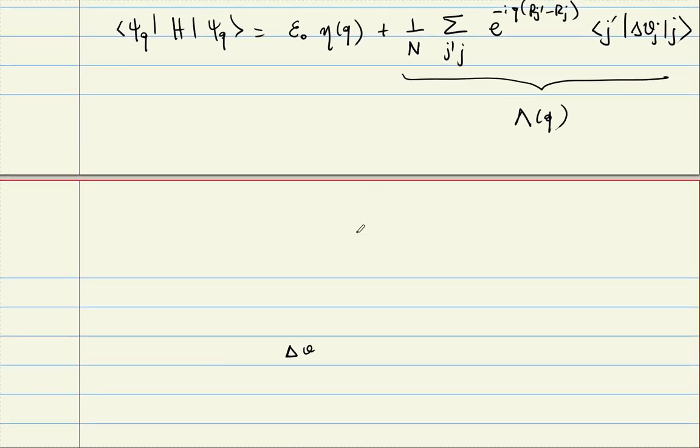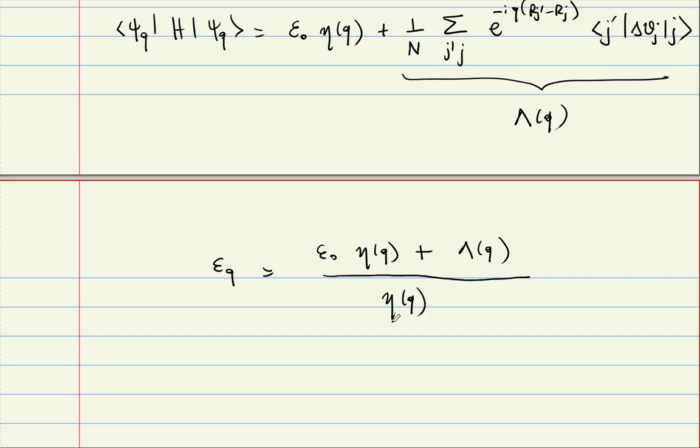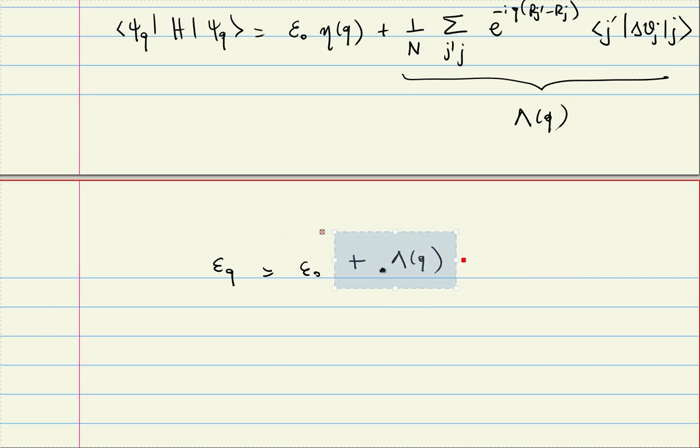Then our epsilon of Q is equal to epsilon 0 eta of Q plus lambda of Q, and divide the entire thing by eta of Q. Of course, we can write it like this: epsilon 0 plus lambda of Q divided by eta of Q. Good.